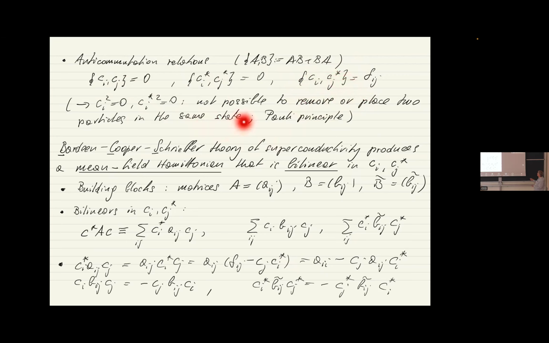In particular, I'm not going to explain that any further, except for noticing that if you apply C_i twice, then by the relation just here, this gives 0. And likewise, if you do C_i star twice, you get 0. That just expresses that it's not possible to place two particles in the same state, this being Pauli's exclusion.